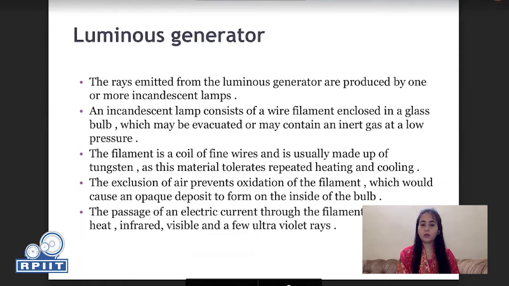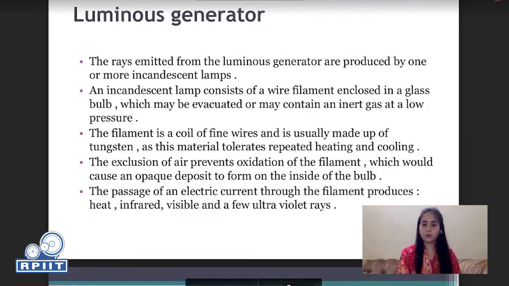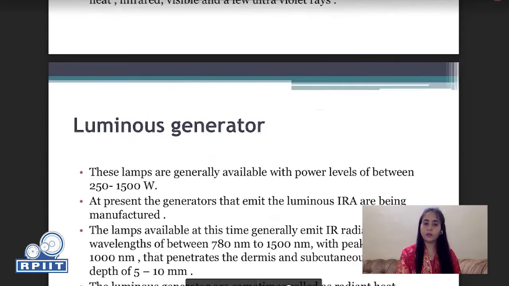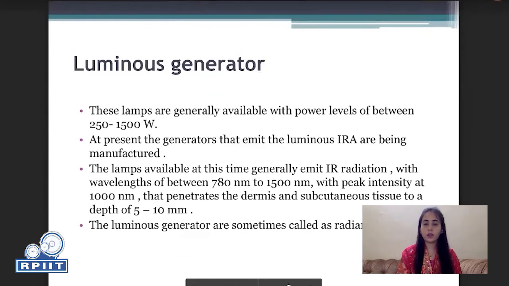The exclusion of air prevents oxidation of the filament, which would cause an opaque deposit to form on the inside of the bulb. The passage of an electric current through the filament produces heat, infrared, visible, and a few UVR rays.